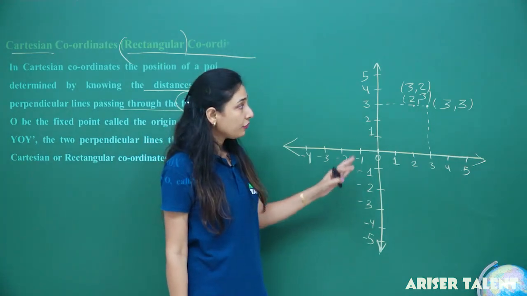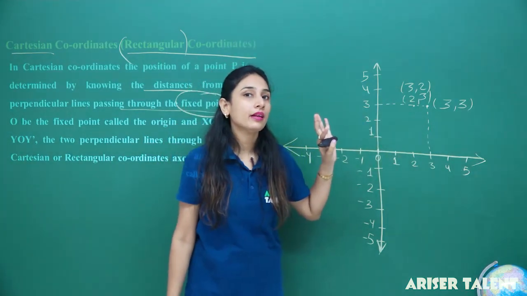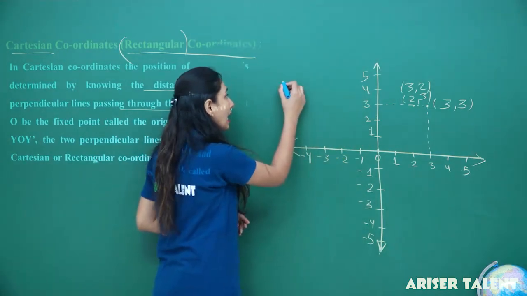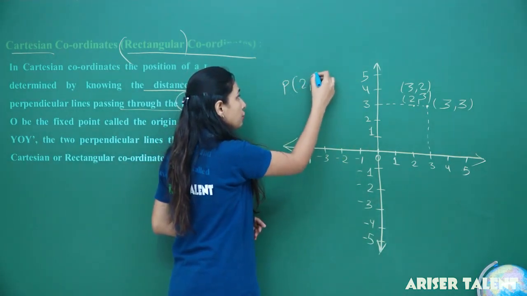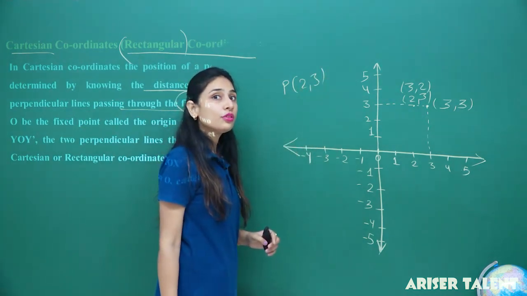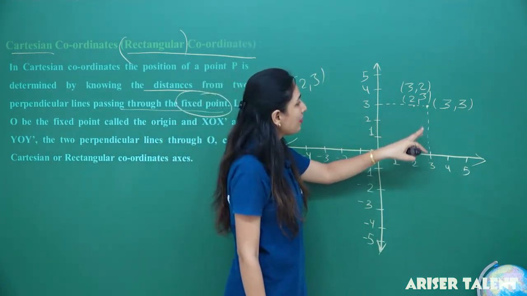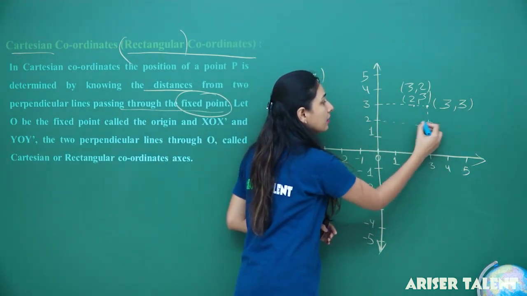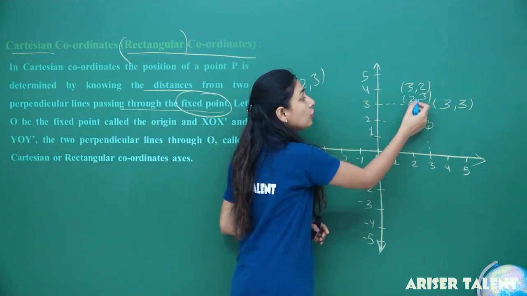Now, if I don't fix any pattern here, and I say I have a point (2, 3), can you tell me whether it is the point (2, 3) here or the point (2, 3) here?